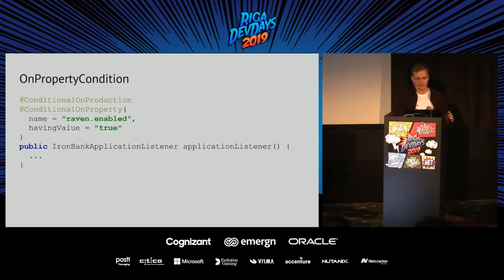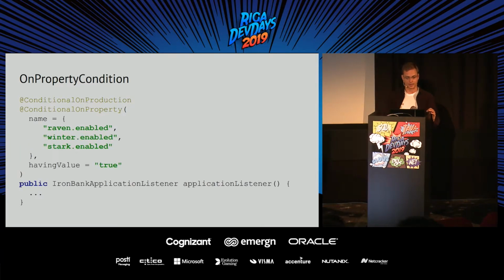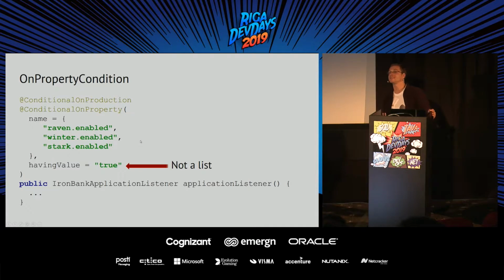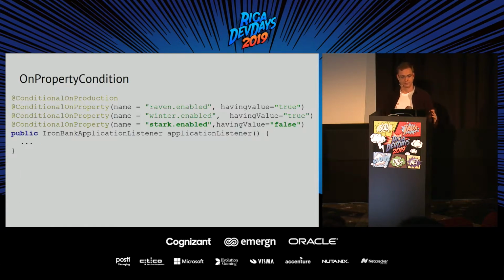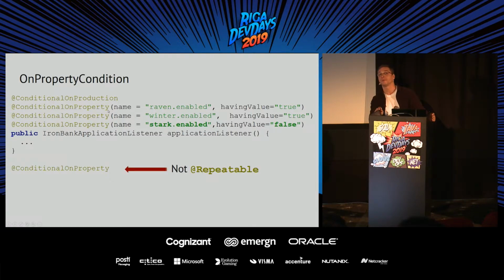If I try, I have only one having value, so this having value true will apply to all these properties. It's not a list. On the other hand, the annotation conditional on property cannot be used several times because it's not repeatable. So how can I solve this if I want several conditions on different properties?